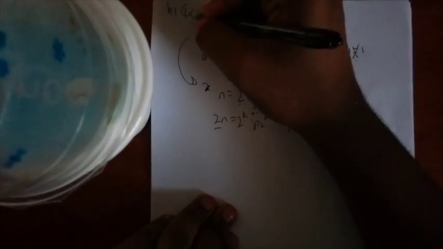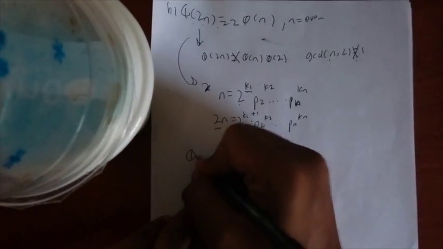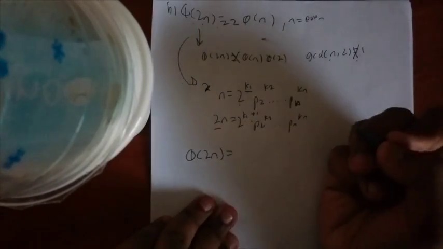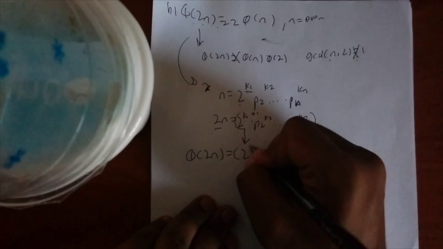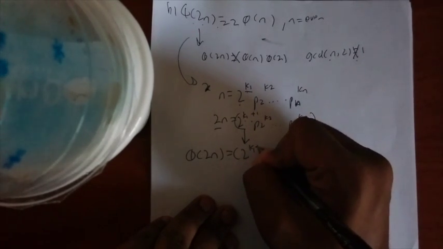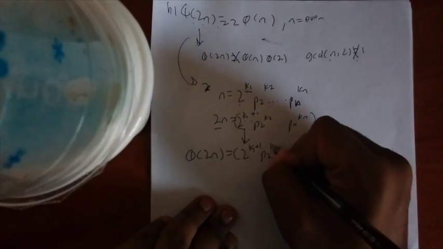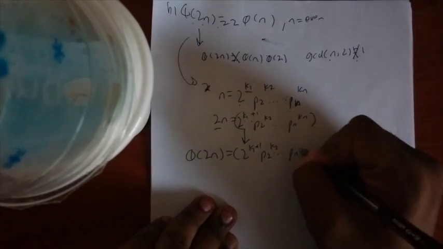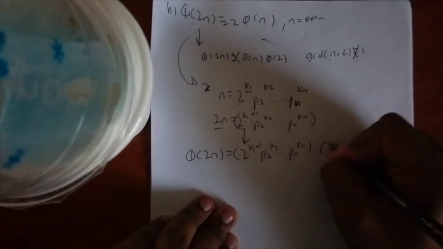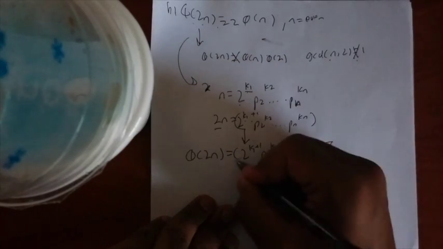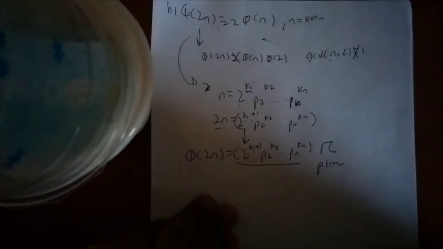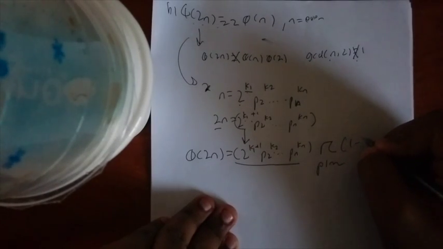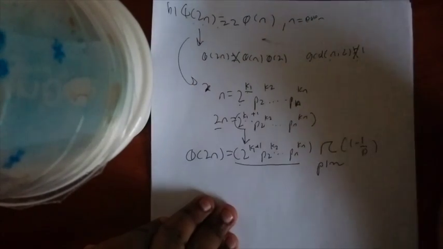So let's see how that affects our phi function. Phi of 2n is this quantity right here: 2 to the k1 plus 1, p2 to the k2, dot dot dot, p_n to the k_n, and then the product over all the primes p that divide into this, I'm just going to write a squiggly here to save time, of 1 minus 1 over p.